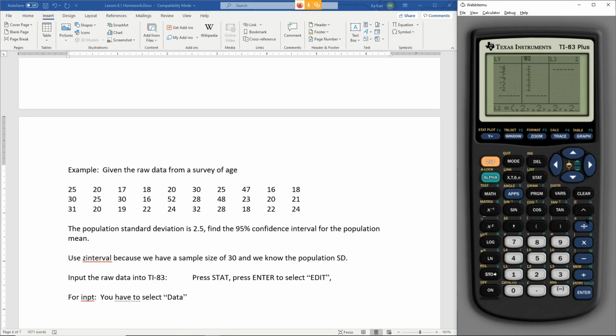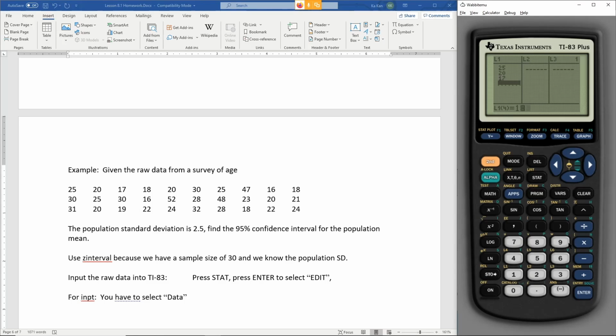And then you see this right here. Let me clear this off. We're going to use the same thing. So we're going to go ahead and put the numbers into the first row. You can put the second row if you want to. 25, right? 20.